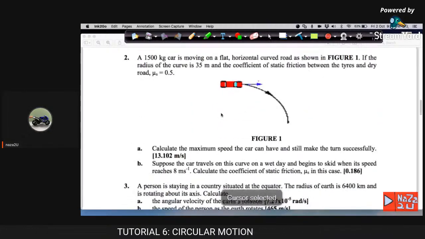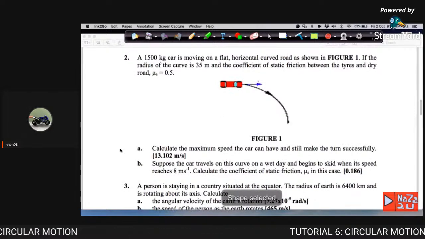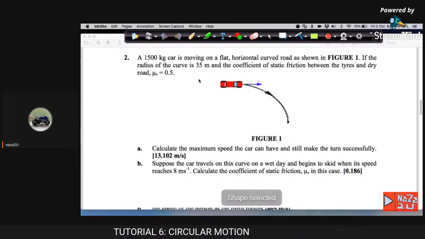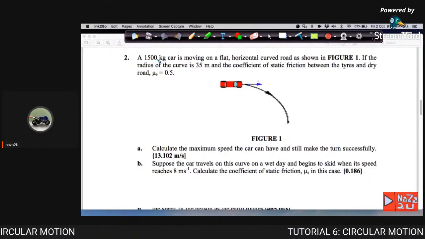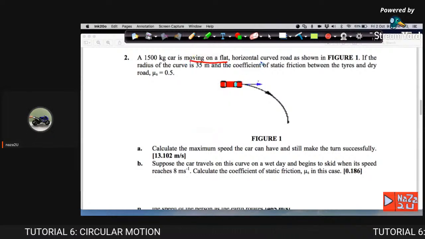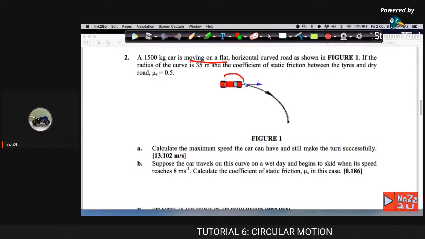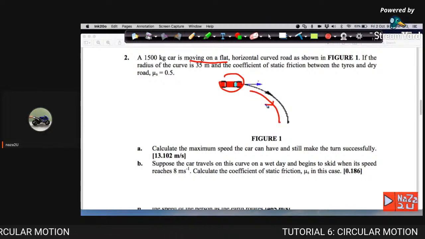Continue to question number 2. What is the situation given by question number 2 here? A 1,500 kilogram car is moving on a flat horizontal curve. So this is a car moving on a curved road, a bend.